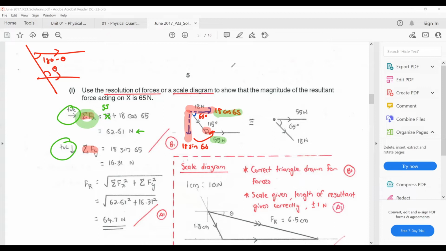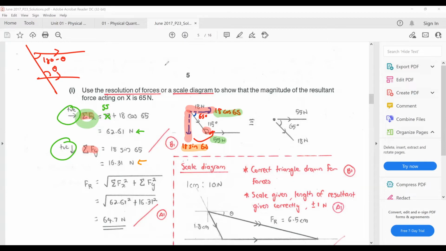So now your vertical component of force is just 18 sine 65. So you get 16.31 Newton. After you've done that, you can straight away use Pythagoras theorem. Whatever you have done here can actually be represented as another separate vector diagram.